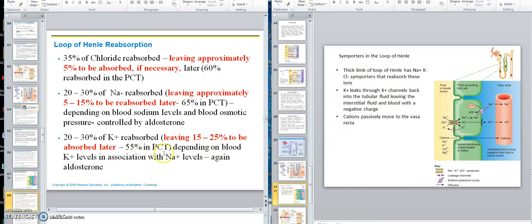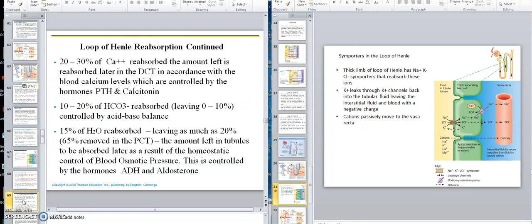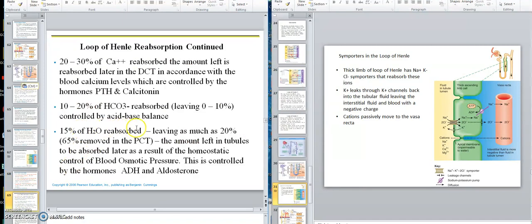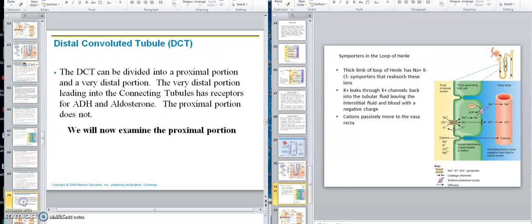How much you bring back depends on your potassium levels. Again, that's going to be controlled by this hormone. 20 to 30% of calcium. All of these things that you've done in that PCT. So this kind of gives a tally, a budget sheet as to what you have there. So now we're to the distal convoluted tubule, and we're going to close right here.